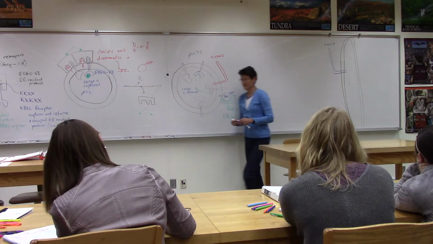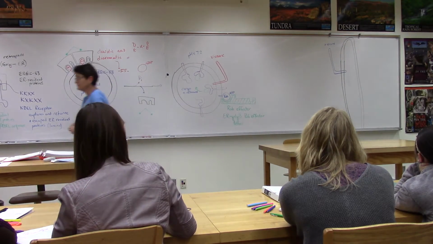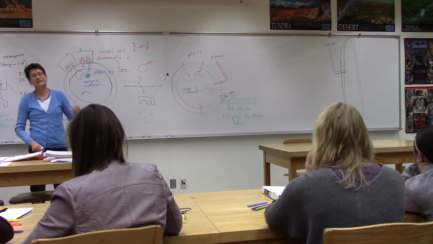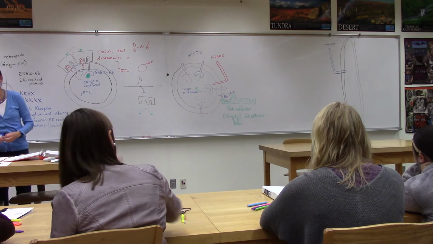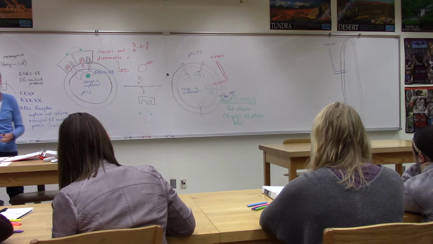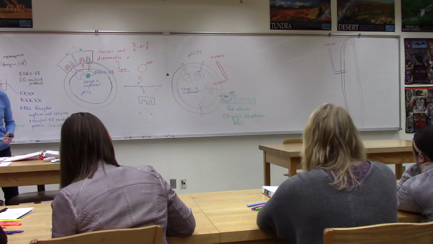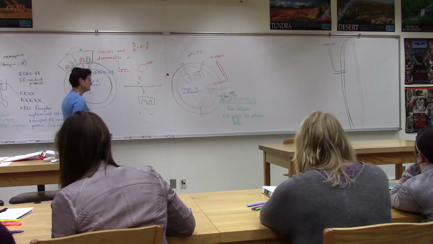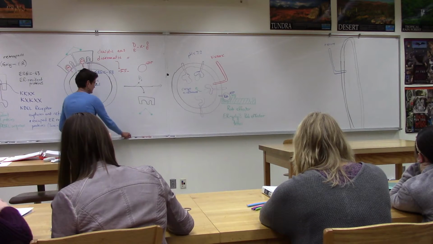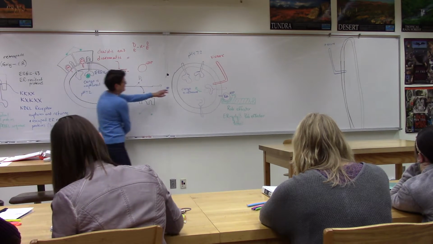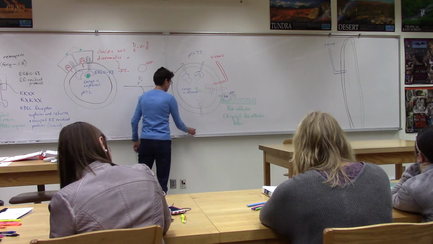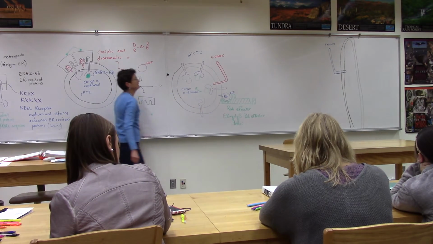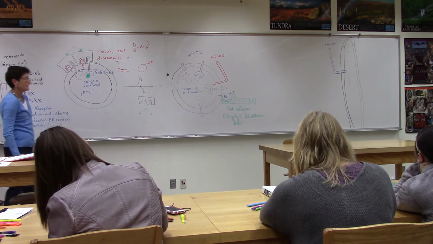The target membrane has a T snare that can interact with the V snare, okay? And the interaction is specific. It's not just anything that comes along with a V snare that can interact with this T snare. The V snare on this vesicle that was formed by COPII is a specific V snare and can only interact with that T snare. Okay?